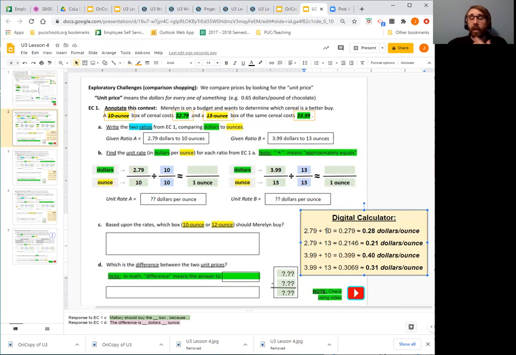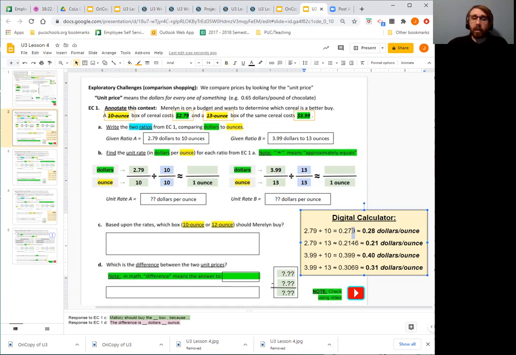Basically what happened when I divided by 10 was the decimal moved. And now the 2 is behind the decimal in the dime place instead of the dollar place. But most of our money is not counted on the third decimal place. It's only counted to 2. And so you'll see that I said approximately equal to 0.28.